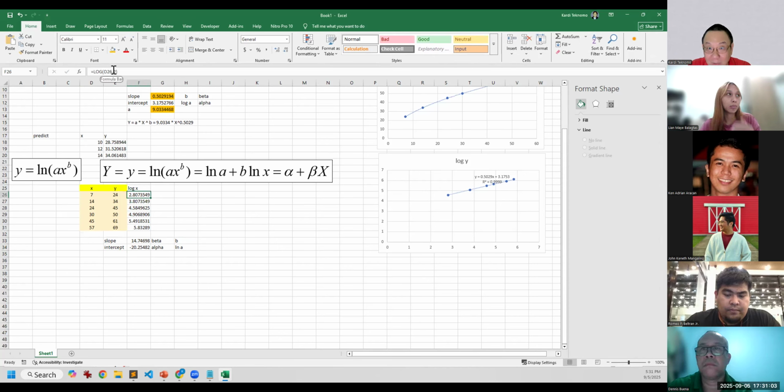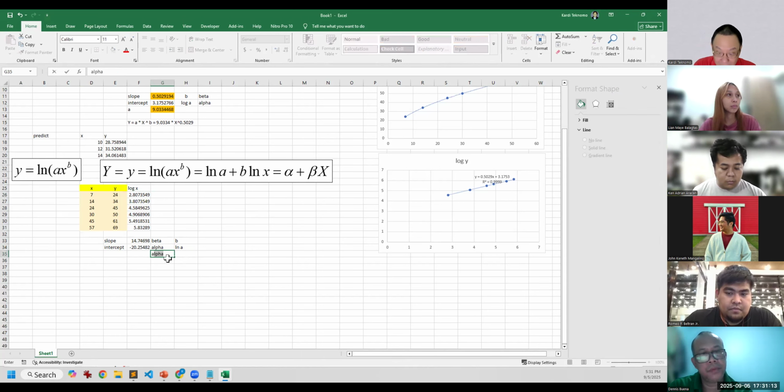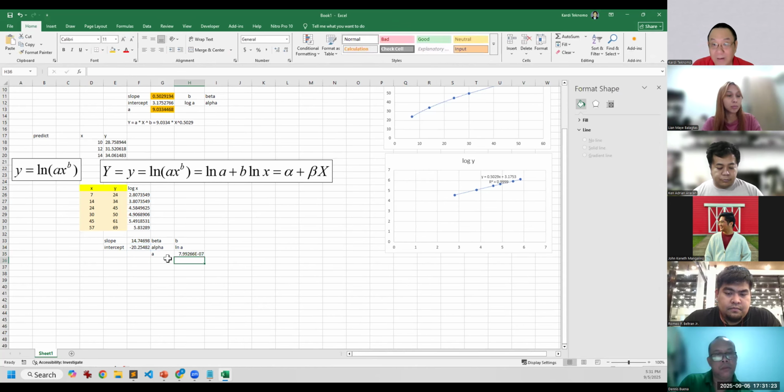So if your logarithm is base 2, then you will use 2 exponent alpha. So A is equal to the base, which is 2 exponent alpha. This is almost 0.